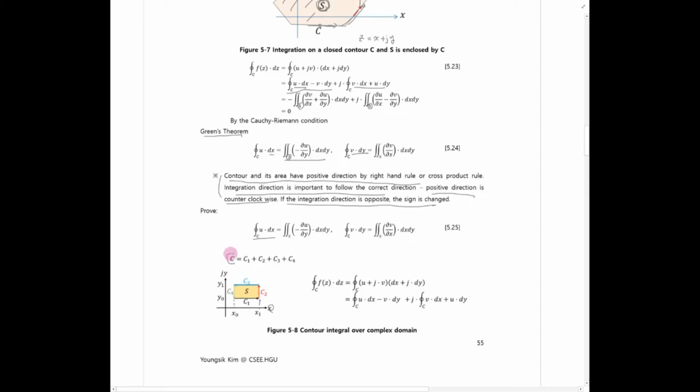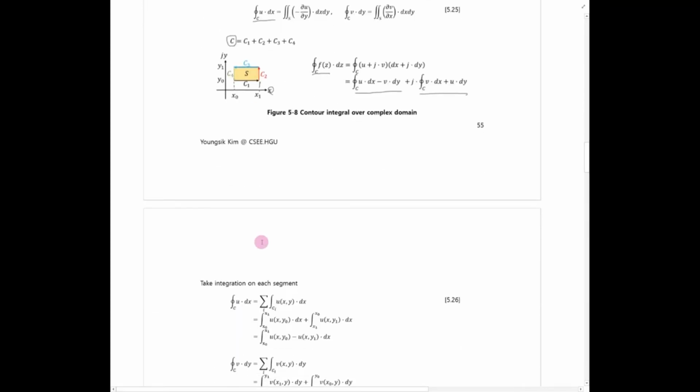Then the contour consists of 4 segments, C1, C2, C3 and C4, composing the closed contour C. So we would like to integrate the function over the closed contour. Then the real part integration and imaginary part integration are given.